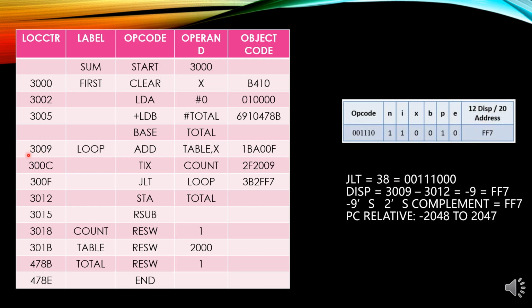Here 3009 is where loop is stored, and 3012 is the address of next instruction, that is program counter value, and we get minus 9, which is in the range minus 2048 to 2047. So the 12-bit displacement is FF7, hence the object code for this instruction is 3B2FF7.